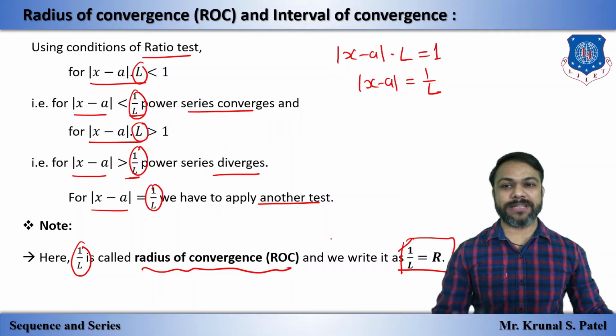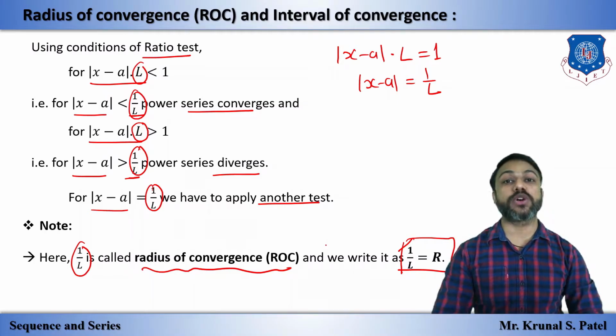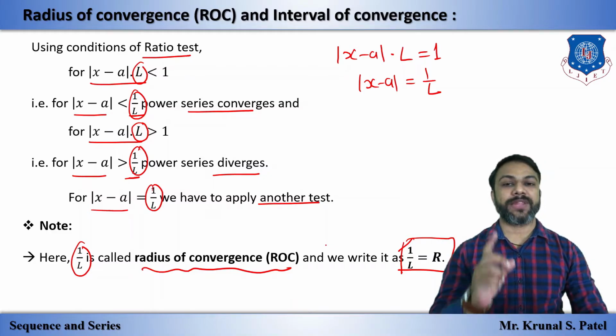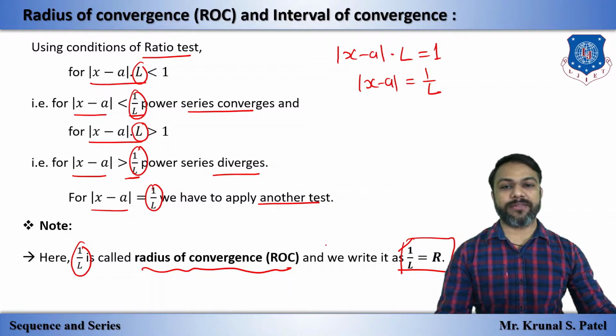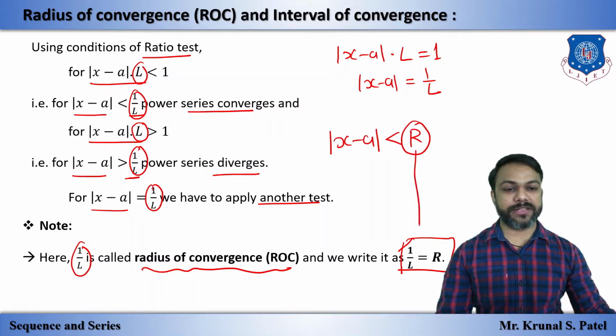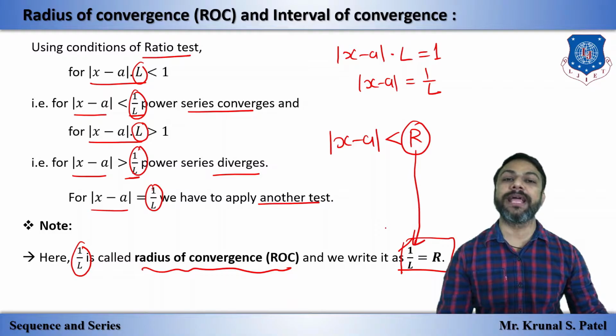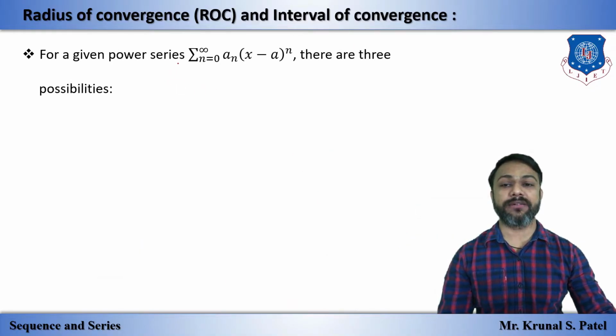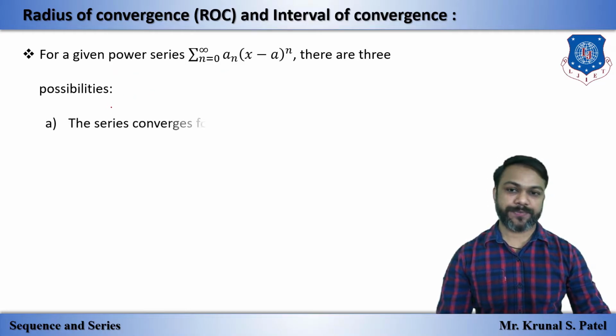Okay, so what is radius of convergence? You will get it after applying the ratio test, or maybe in some examples we can apply the root test. After applying this, whatever is on the right hand side of mod x minus a, that is our radius of convergence, which is 1 by L. Now, for a power series there are 3 possibilities.